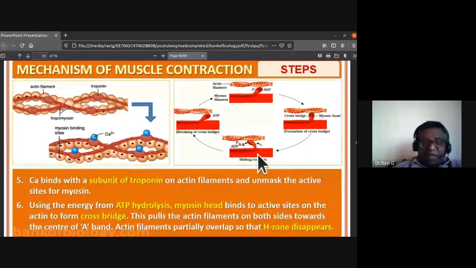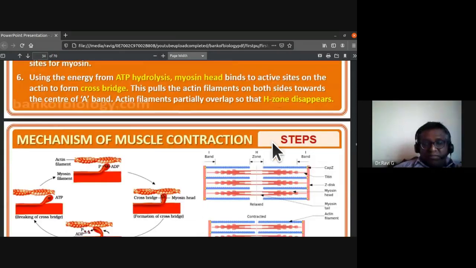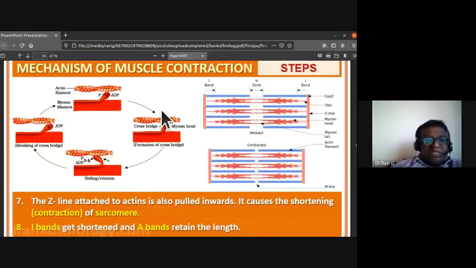You know that the H zone had only myosin filaments, but because of this cross bridge forming and the pull of the actin filaments on both sides towards the center of the A band, the actin filaments partially overlap and the H zone disappears.